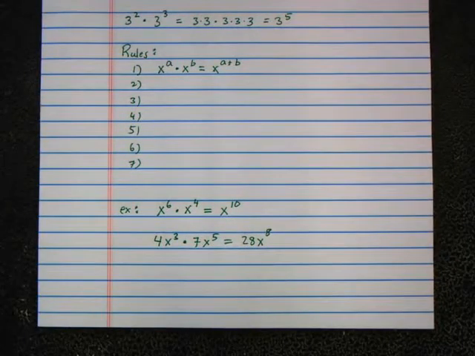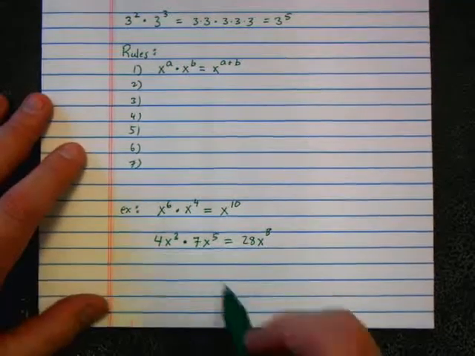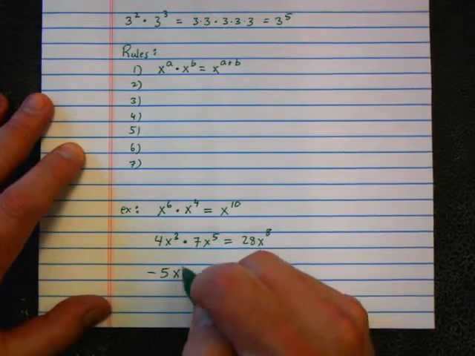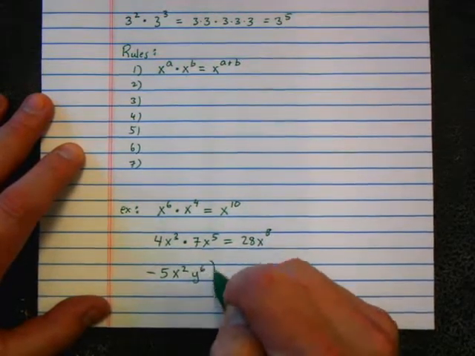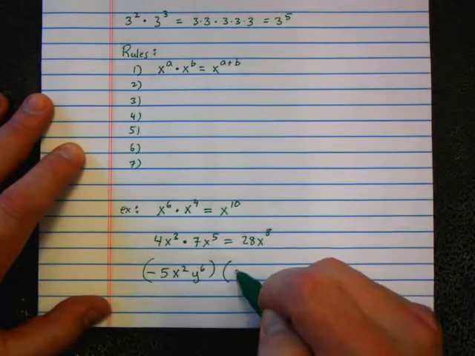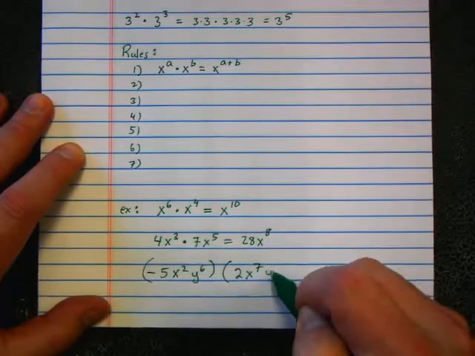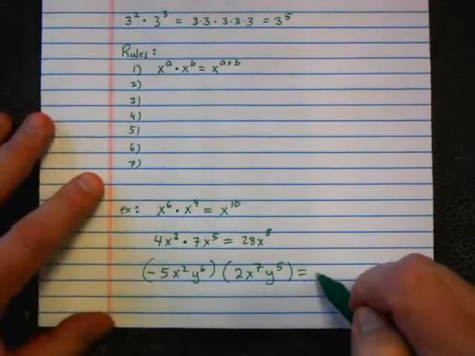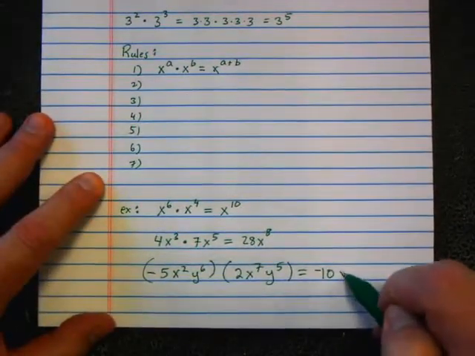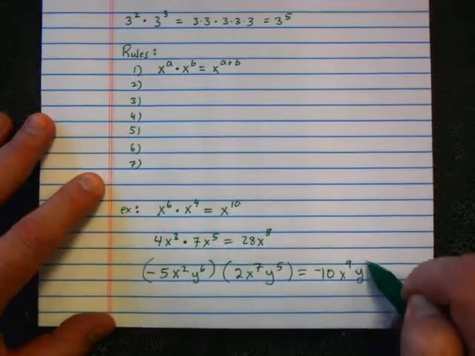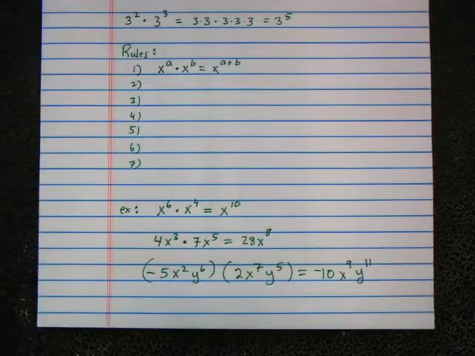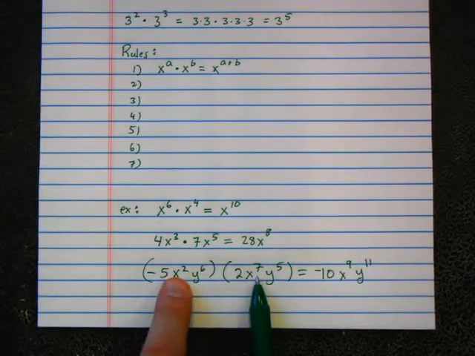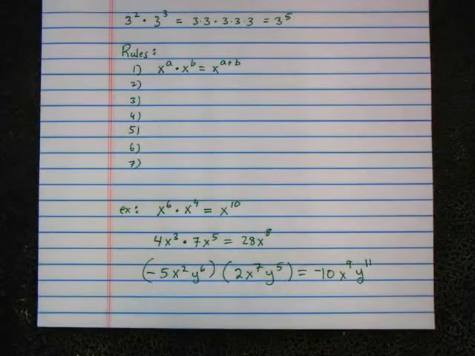What if I asked you to take negative 5x squared y to the 6th, and multiply that by 2x to the 7 y to the 5th. Negative 10 x to the 9 y to the 11. That's correct. So we would multiply the numbers out front. That's negative 10. Add the powers on our x's. Add the powers on our y's.